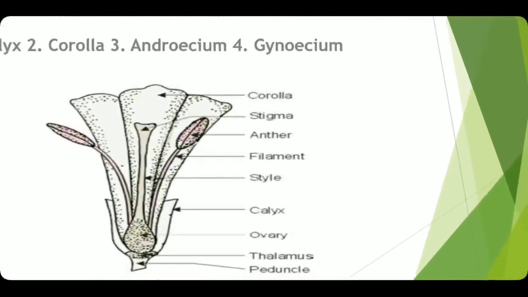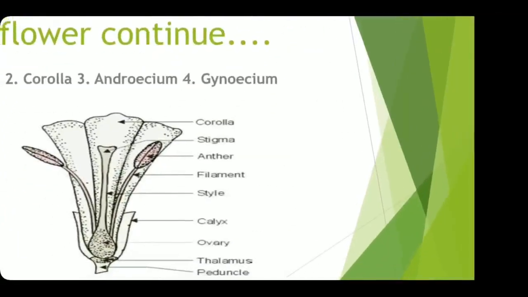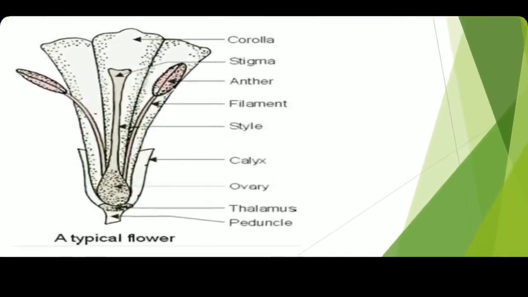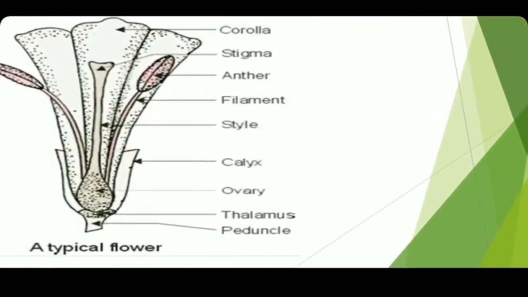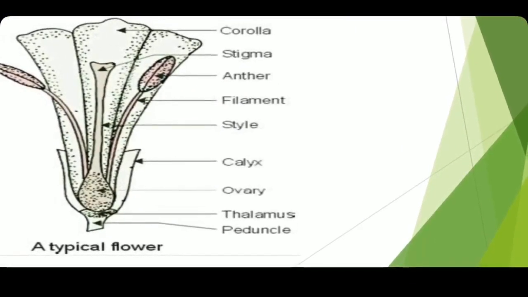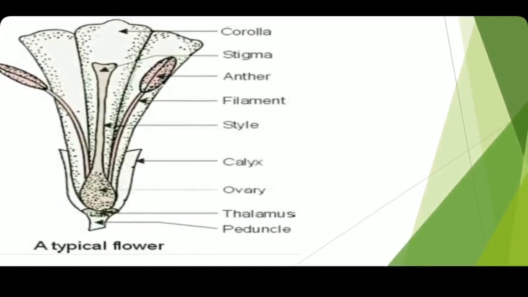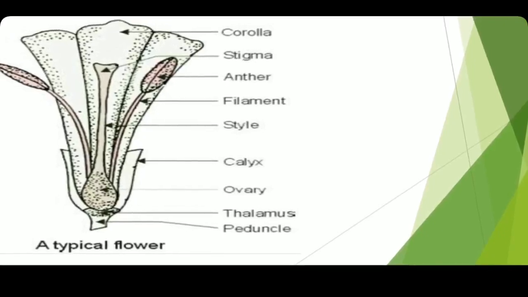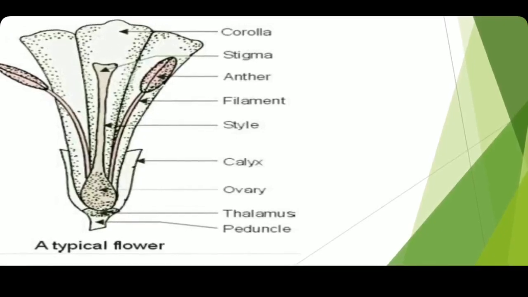Starting from the bottom, the bottom structure is called the peduncle, which also has another name. Do you remember what that name is? It is pedicel. And do you remember what the flower is called when it is without pedicel? It is called sessile, and if it is with pedicel, it is called pedicellate.